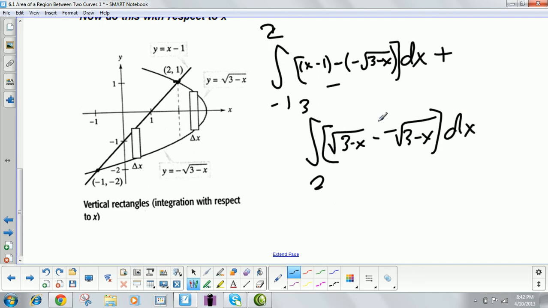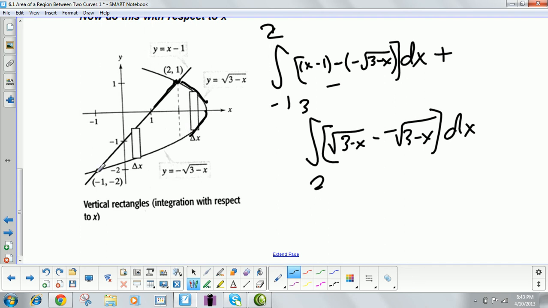You have to do two integrals, because if you draw your rectangles vertically, it splits right here, where this function stops existing, and then you have this function as your upper and this one as your lower.